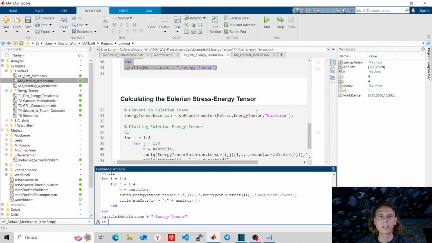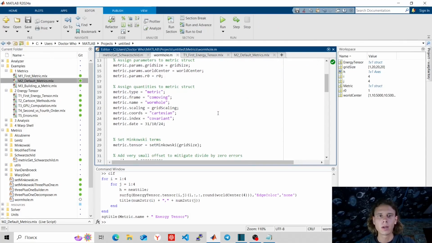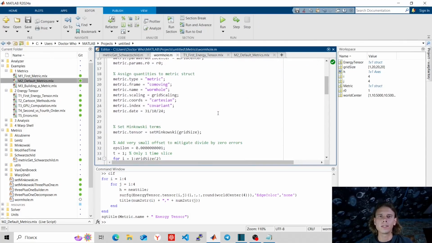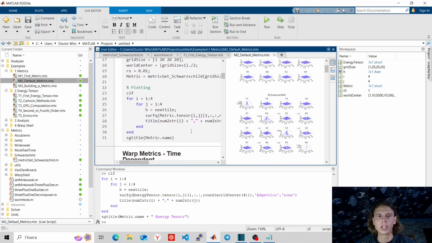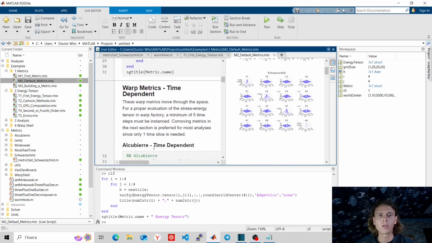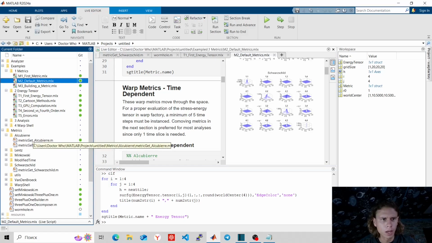But as a basic example, you can now, for example, construct your own metrics, or you can modify existing metrics and see what will happen to the energy requirements. And maybe you will be able to reduce the requirements of exotic matter just by slightly changing the Alcubierre metric, for example. And you can find these metrics right here.